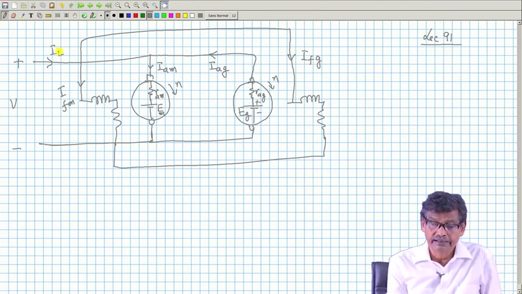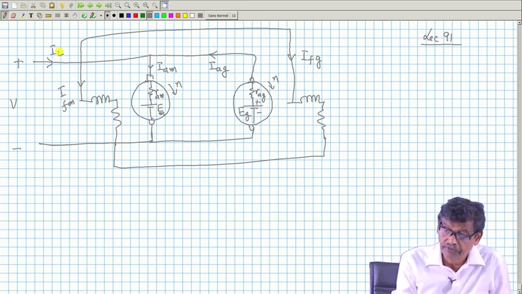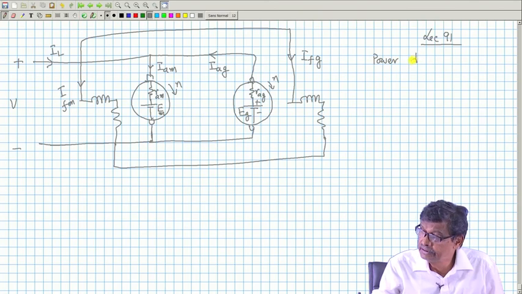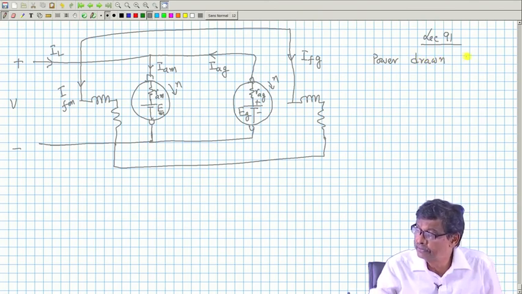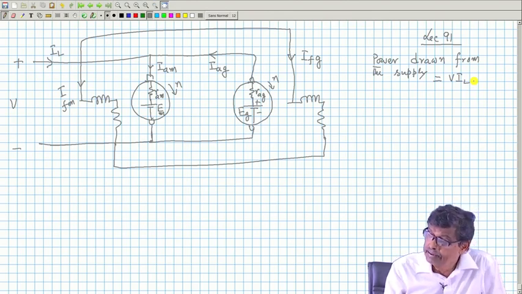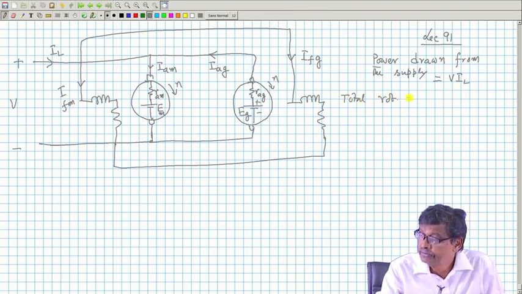Now, obviously, the total power drawn from the supply, this we did last day only, is equal to V into IL. And from this power, suppose the total rotational loss of both the machines is W naught.